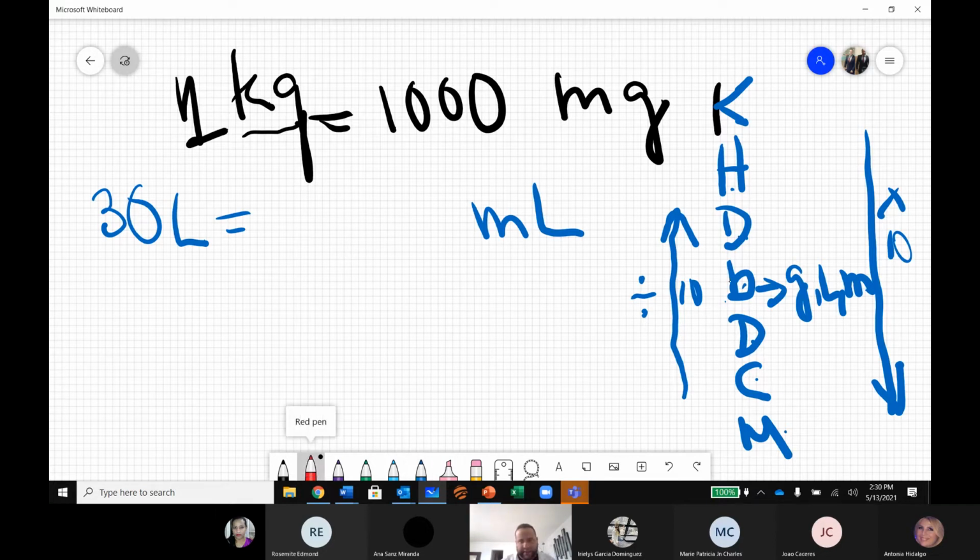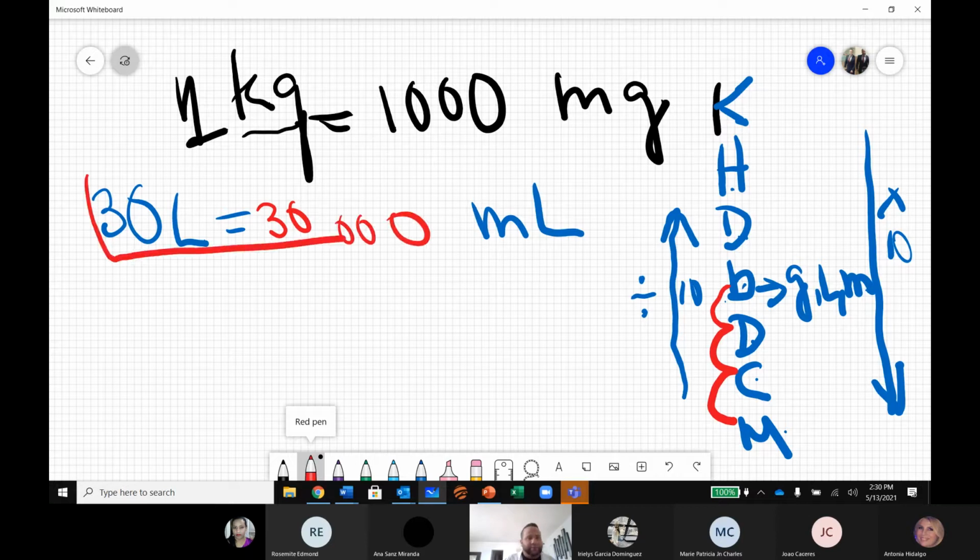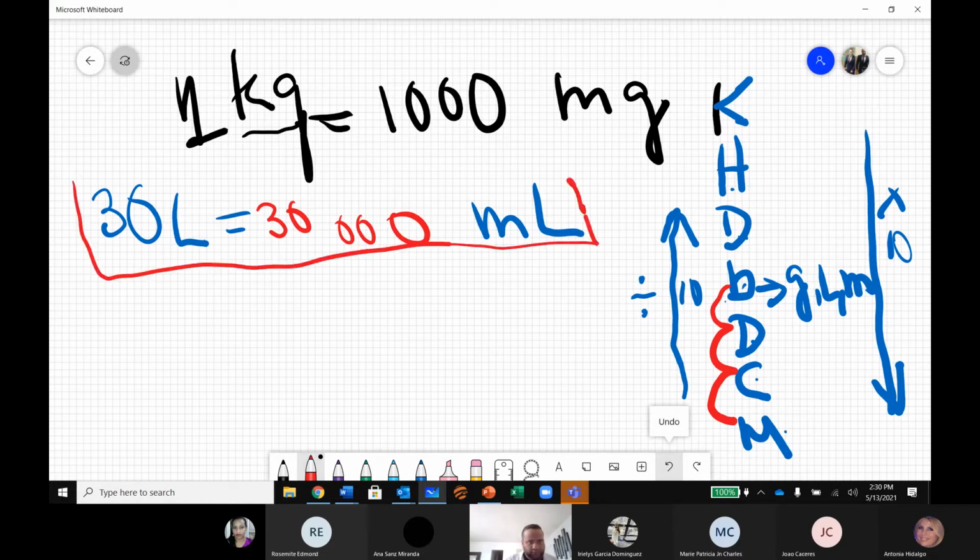You are on this step, and then you go down: 10, 100, and 1,000. 1,000 times 30 will be 30,000 ml. Got it, everyone? Okay, perfect.